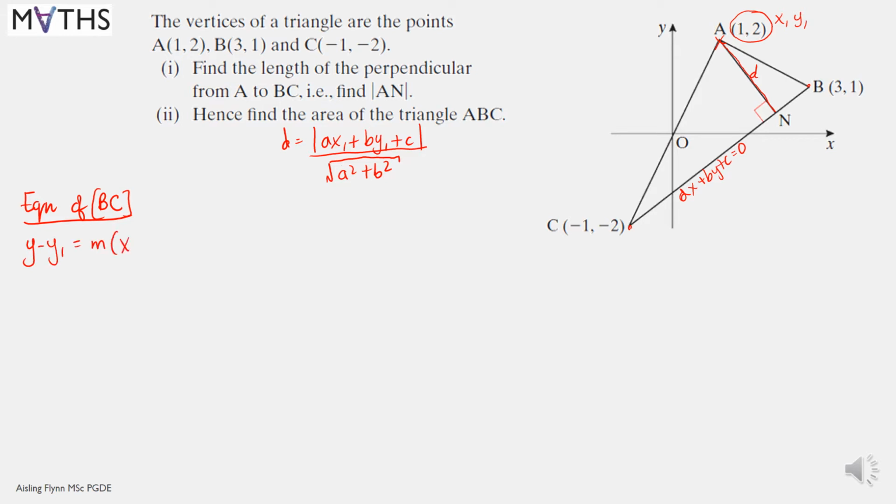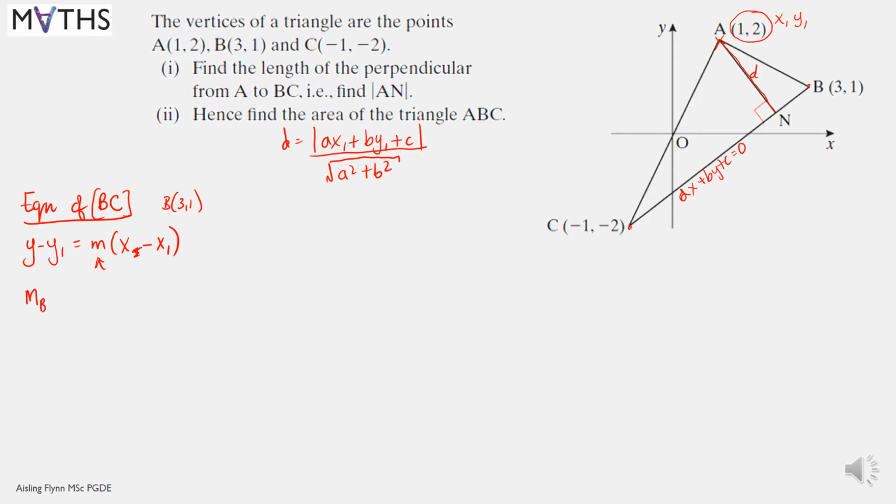You can find it in the formula books, page 18. Sorry, it's x minus x1. Okay, to complete this equation we need to know a point on BC, which we have. We'll use B, which is 3, 1, but we also need to know the slope.